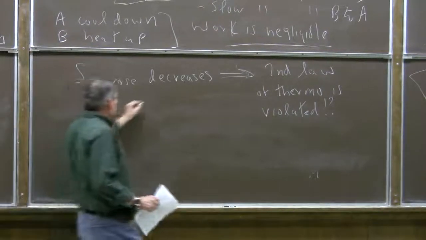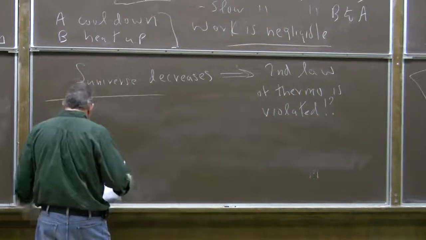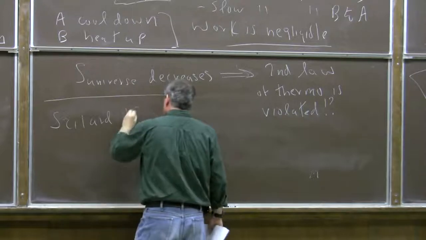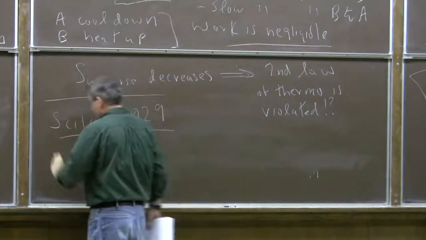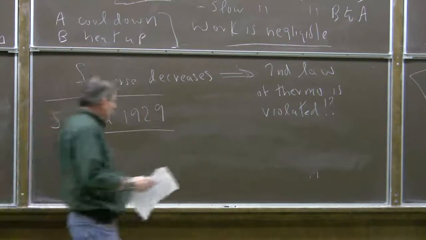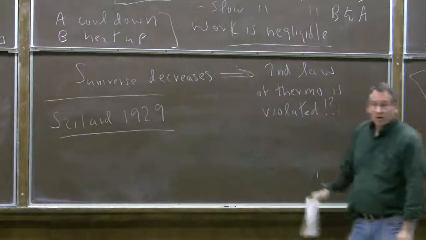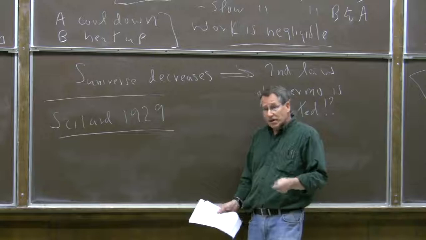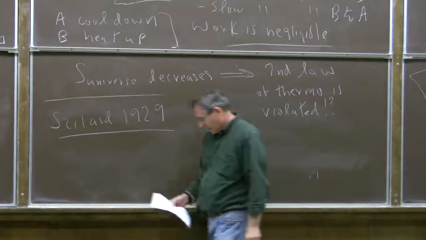And some years later, quite a few years later actually, Leo Szilard took up the question. This was just a few years before he became technically the first person to conceive of a nuclear chain reaction. He thought about Maxwell's proposal, and he made a number of important conceptual contributions in this paper.